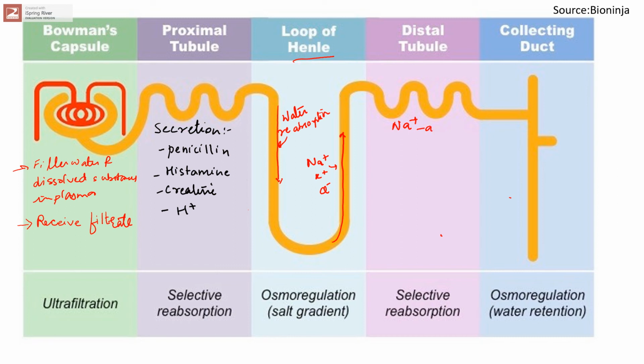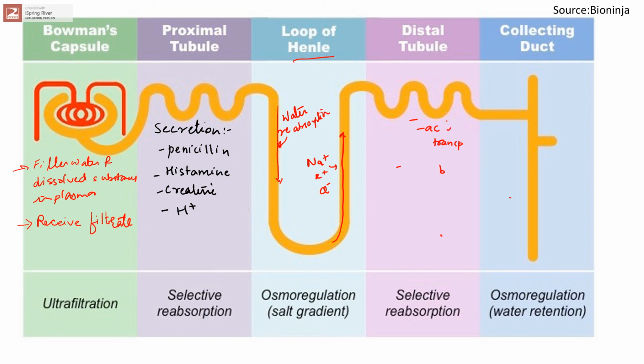And again, sodium is always reabsorbed by the process of active transport. Active transport requires energy, right? The other thing that is reabsorbed in the distal tubule is more water. And then you have a lot of secretion occurring.